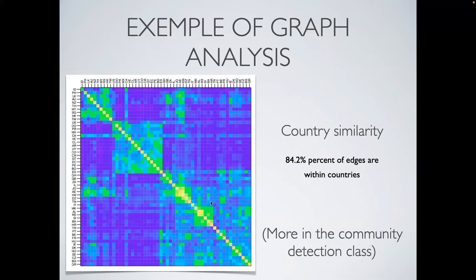They count how many friendships you have between people from one country and people from another country. The more green the color, the stronger the link, and the more blue, the weaker the link. Clearly you observe that there is a structure.